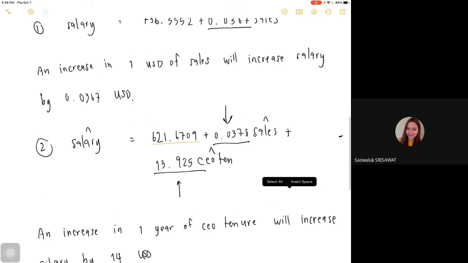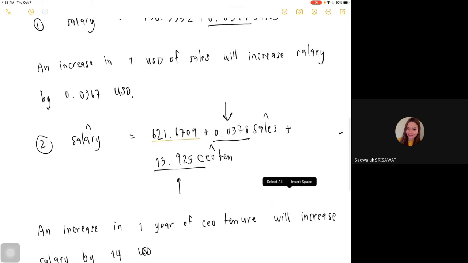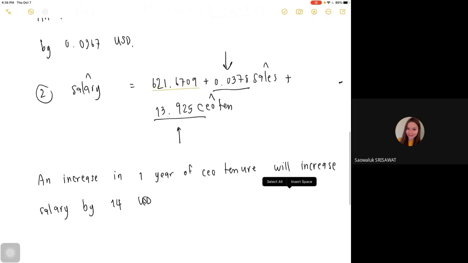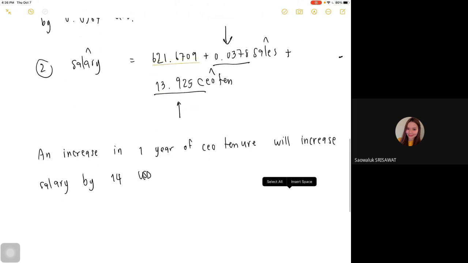But you can see that we interpret the results in the same way. Your coefficients here are the marginal effects, right? But one thing you have to be careful about is that there is one sentence that economists normally like to use.